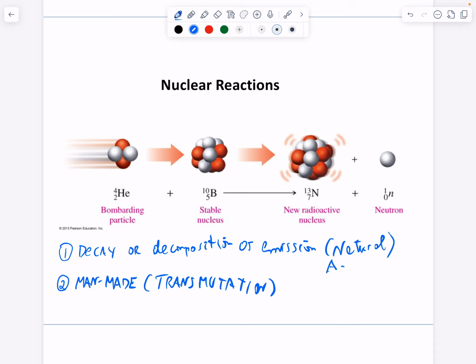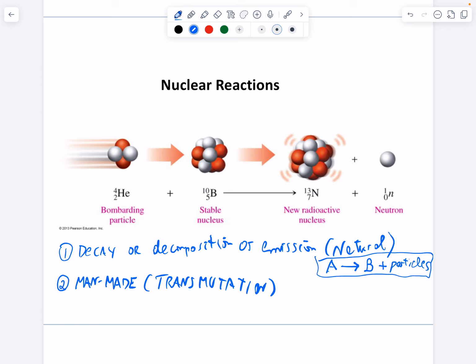You put the element and it's going to decompose into something else plus one of these particles, one of the 6 particles that we were talking about. Okay, that's the shape. And as you can see here, this thing doesn't look like anything at all.